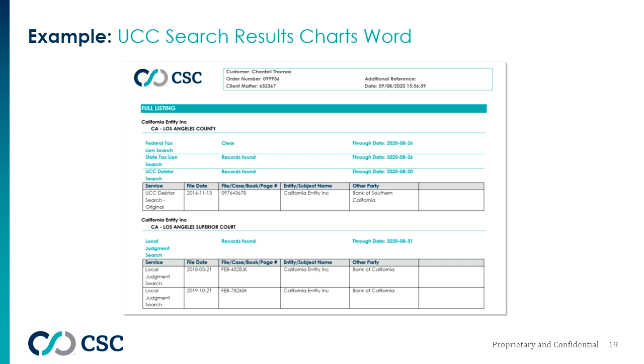You'll see that we have the debtor name, the jurisdiction, the type of lien, and what was found, and then we break it down further into the party, the secured party, and likewise with court searches, you're going to see the plaintiff, etc. So you're getting a good overview of what's been found rather than having to go through each single page of the PDF that you've been given.